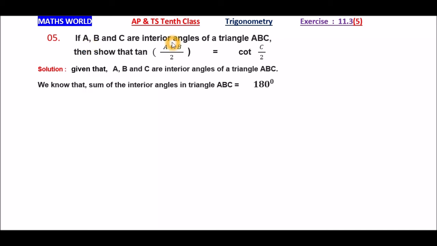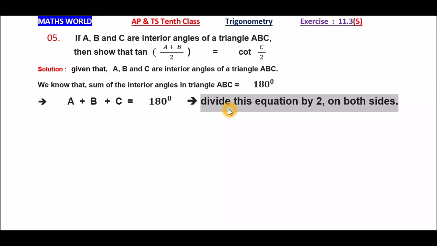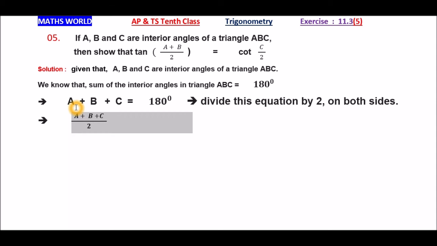So A plus B plus C is equal to 180 degrees. Next, divide this equation by 2 on both sides. So that implies (A plus B plus C)/2 is equal to 180 degrees divided by 2.